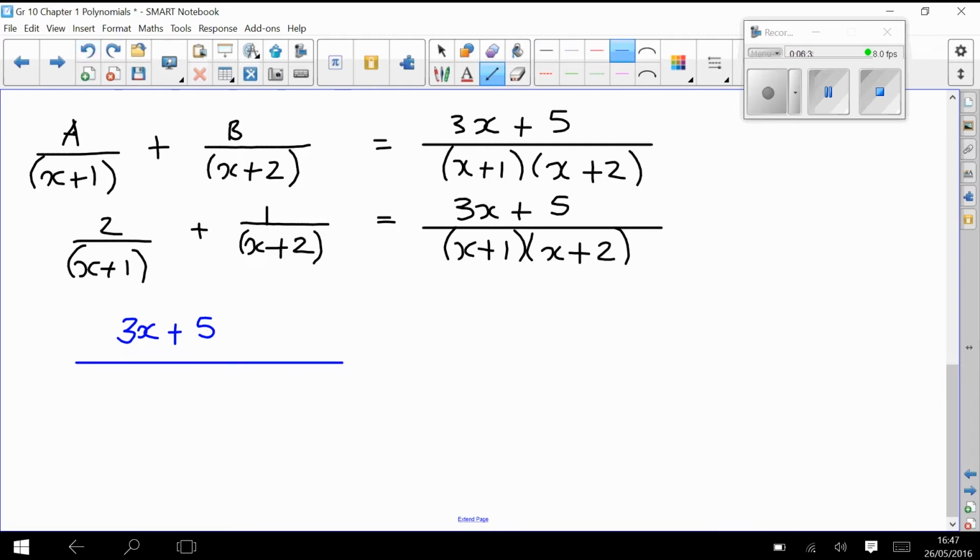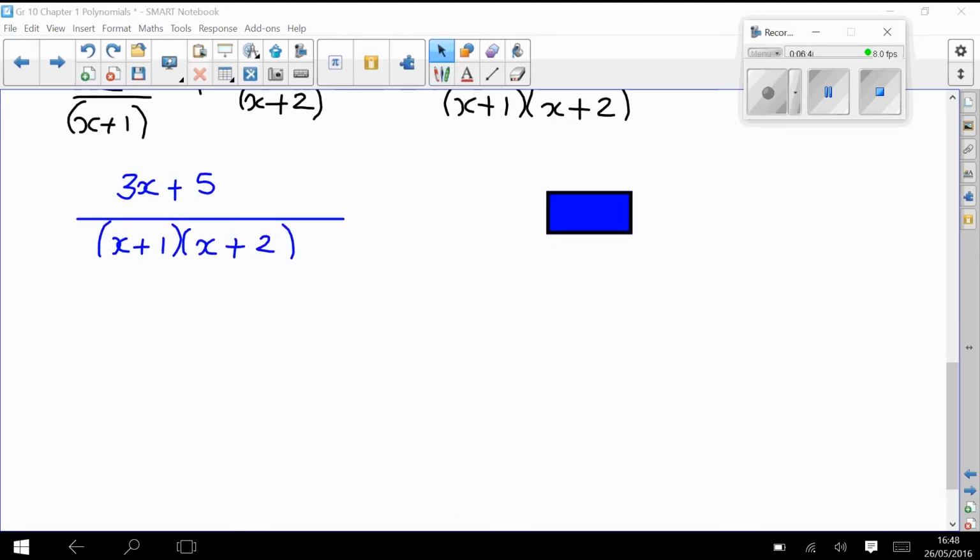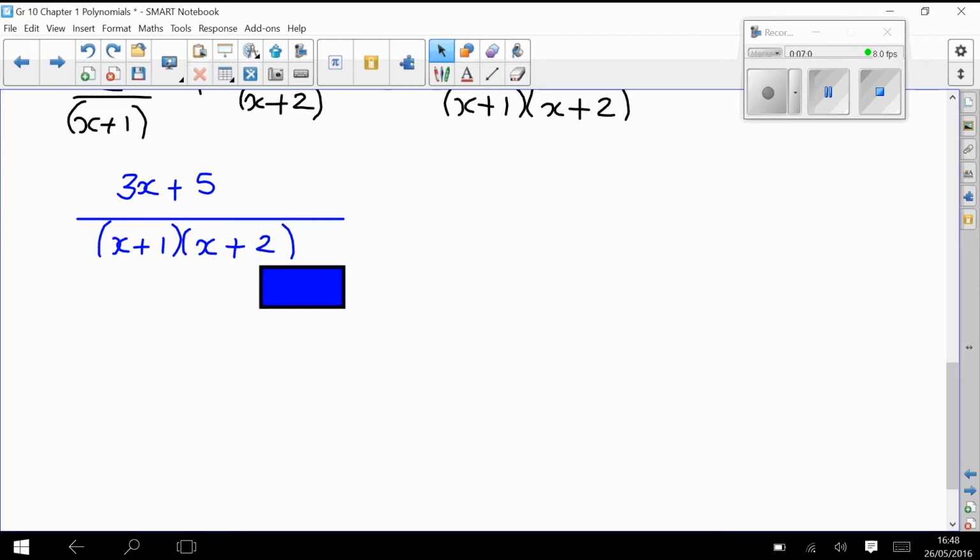X plus 1, x plus 2. To find the partial fractions using this method, it's called the cover-up method. Now what I'm going to do, and I'm going to use this blue box, you could use your finger, is cover up one of my denominator factors.